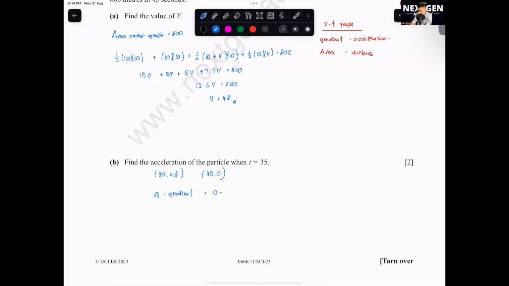So 0 minus 48 over 45 minus 30, which is negative 16 over 5. But if they say find the deceleration, just in case, your answer will be 16 over 5. They will use either one of these words if you see in the past year questions.